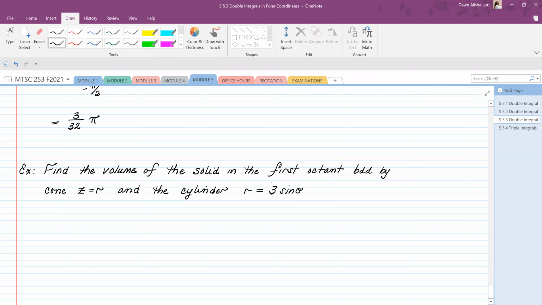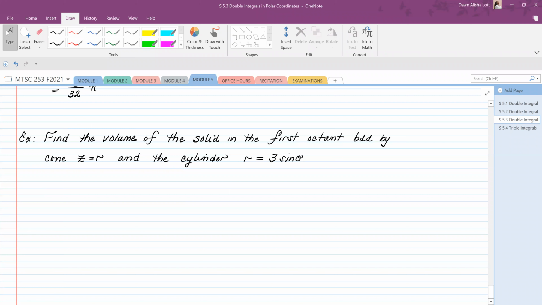Okay. Well, the first thing, what does R equal 3 sine theta look like? And what is the cone Z equals R? So Z equals R is what is on the top. So that's the thing that's bounding. So here's a cone.